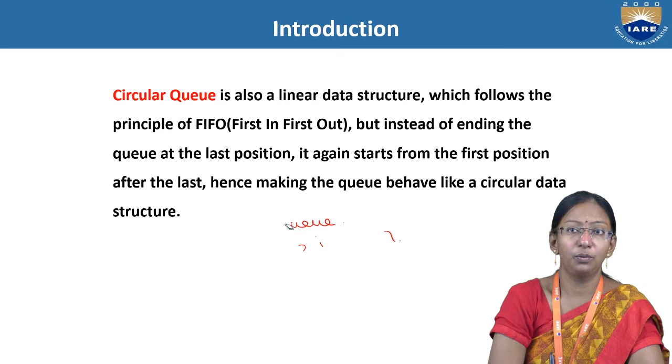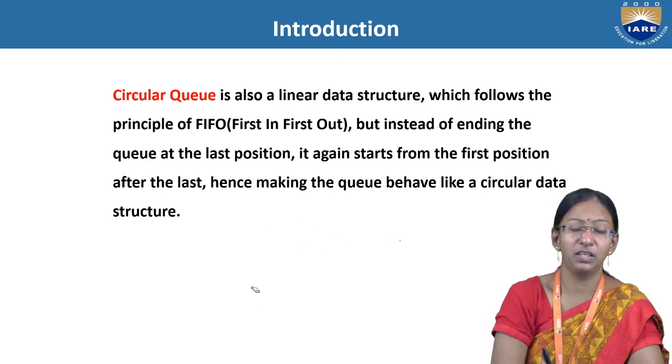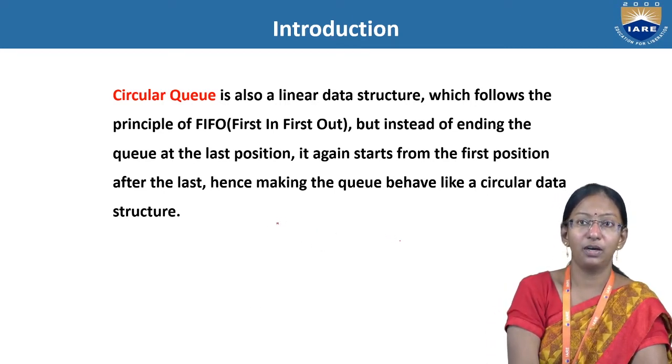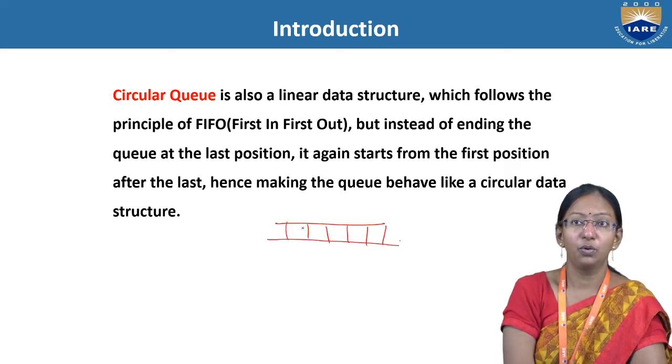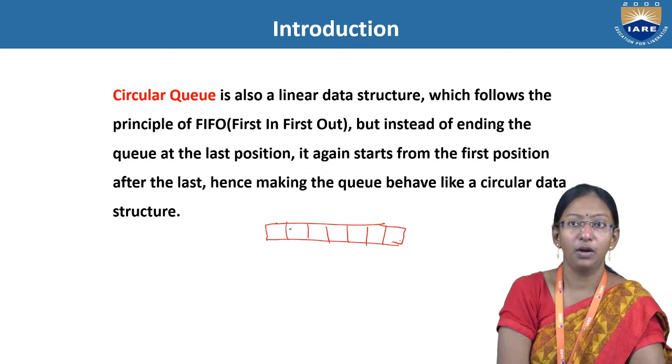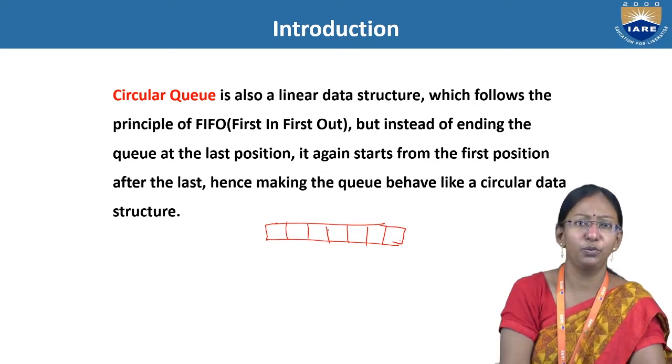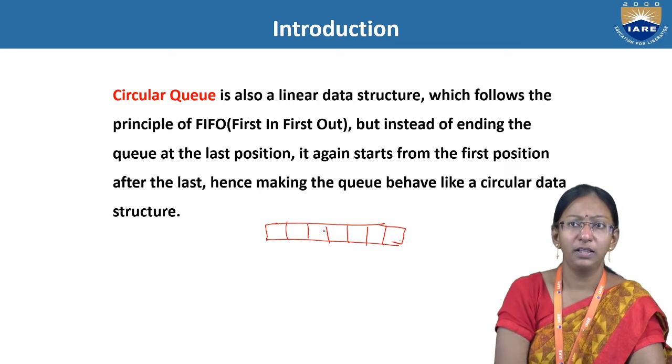So what was the drawback that we have seen? Let me draw a rough sketch. Suppose this is your linear queue. You have inserted a few elements and deleted some, and after a few insertions and deletions this is the current status of your queue.